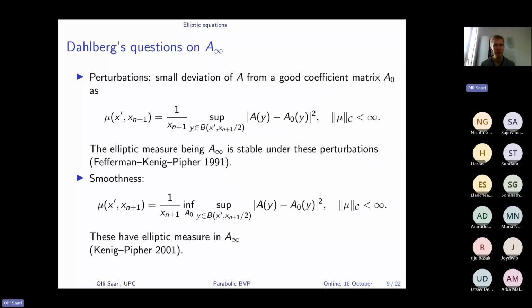Okay, and this is somehow what I would say not the last year's results. So we know that the matrix being smooth in the Carleson measure sense, at the level of the constant being finite, very qualitative, implies elliptic measure in A infinity, with no information about the constant. And now, of course, the next question is: can I start making finer conclusions from finer information about the Carleson measure norm?